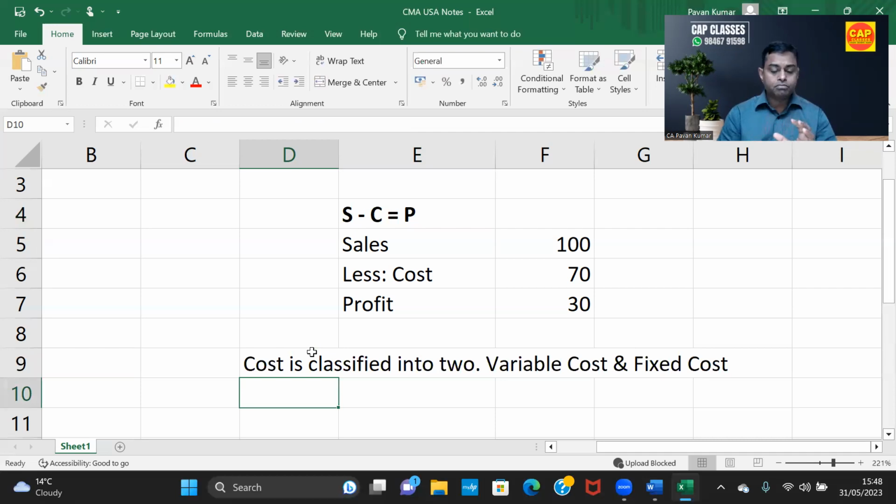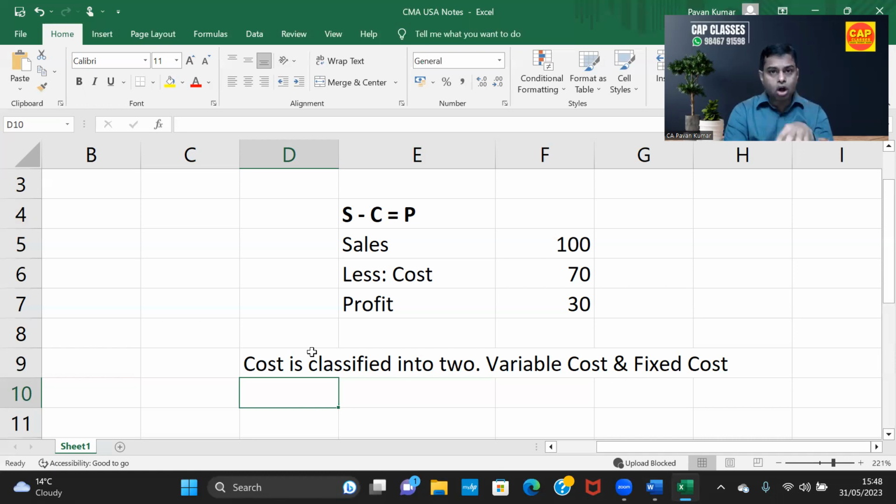The meaning is simple. Any cost that changes, that varies with a given change in the production volume, the level of activity, is called variable cost. That means I am increasing production, I am decreasing production. When the number of units produced changes, if the cost is changing, it is a variable cost.